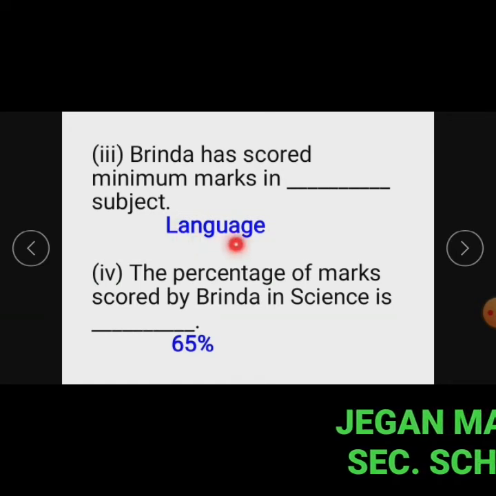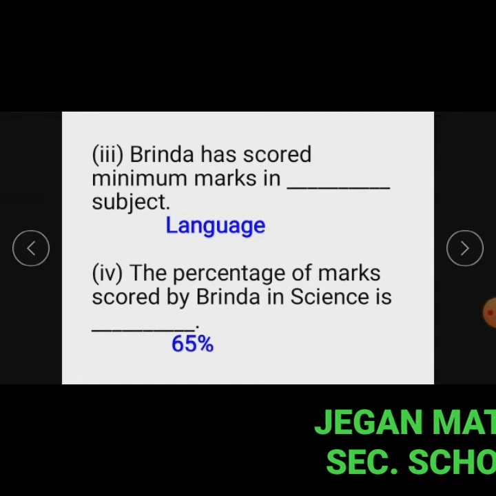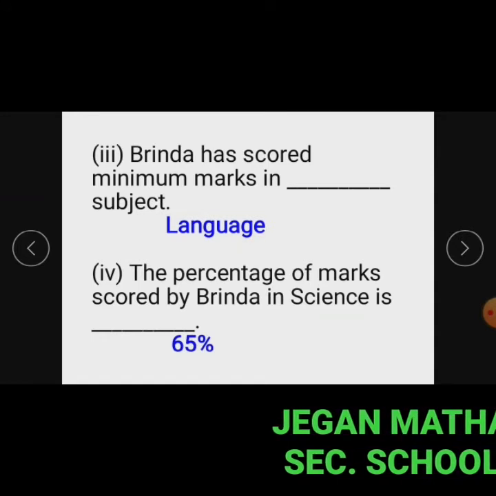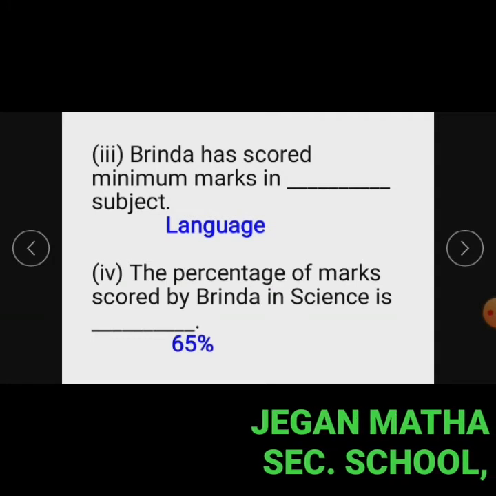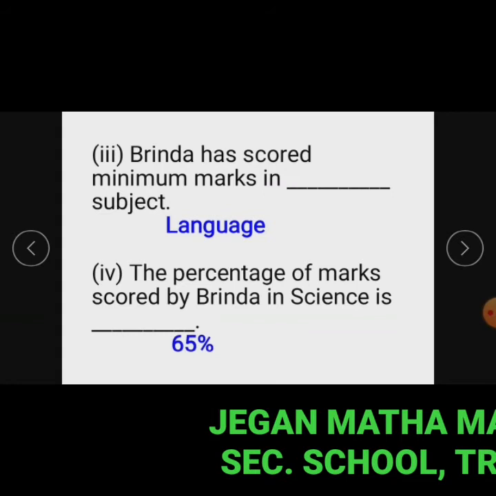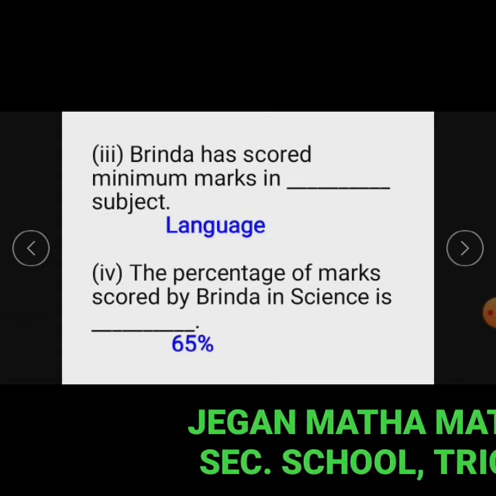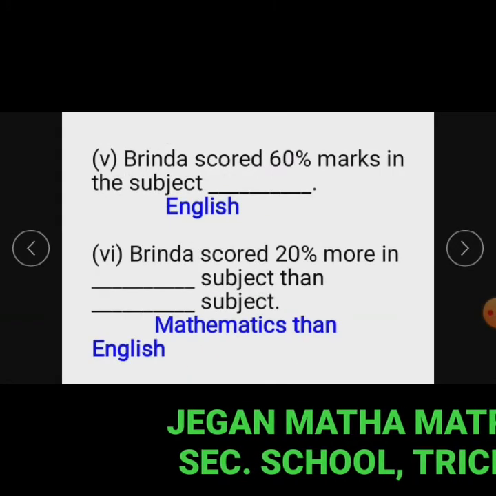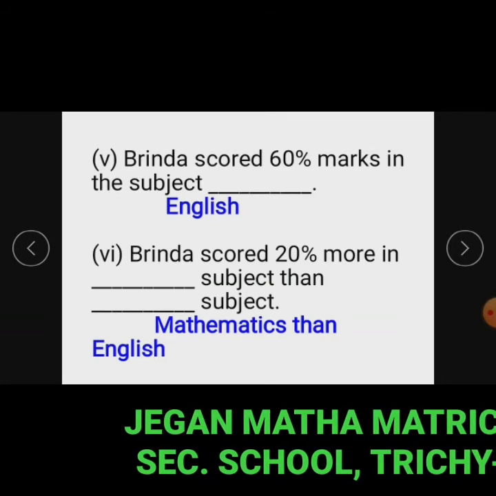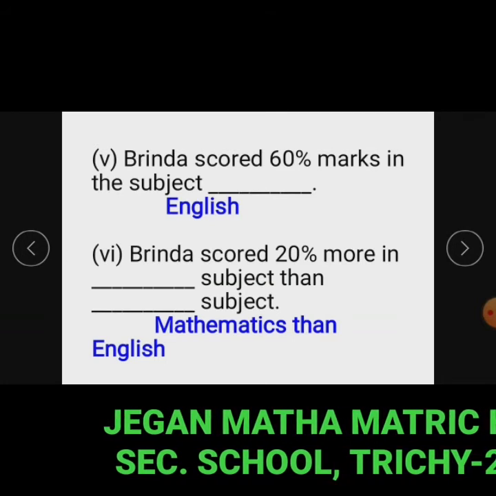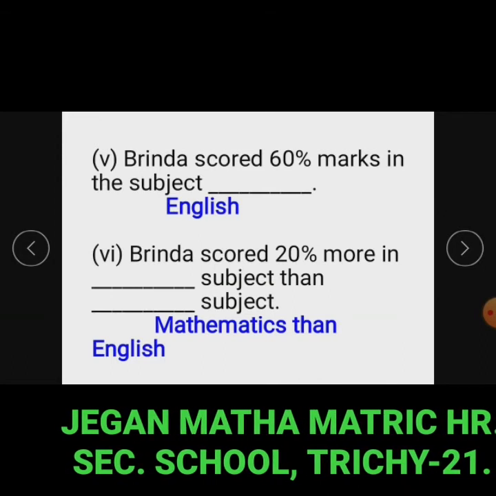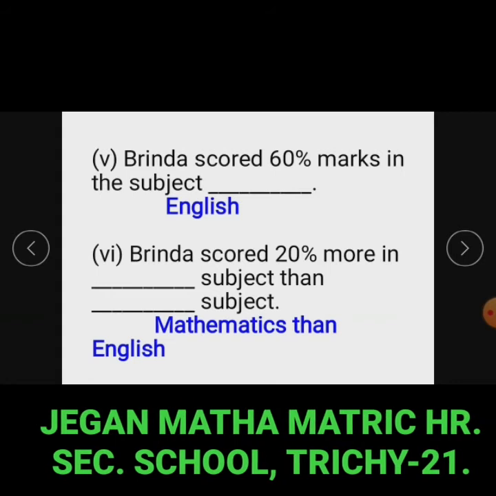Brinda has scored only 50 marks in language. Question number 4. The percentage of marks scored by Brinda in science is dash, 65 marks. Question number 5. Brinda scored 60% marks in the subject dash. Brinda scored 60% marks in the subject English.